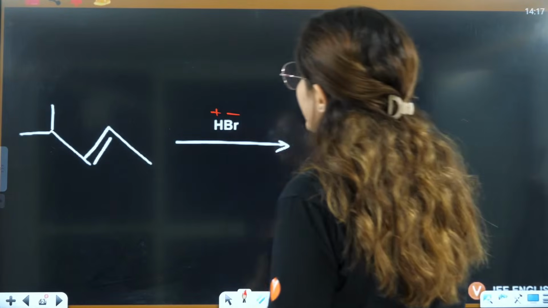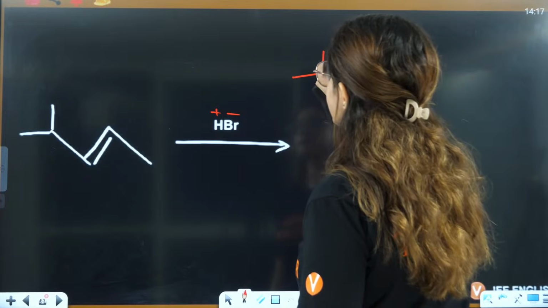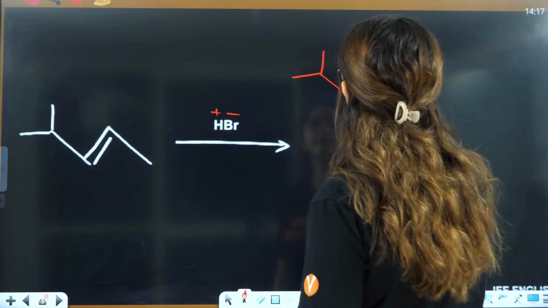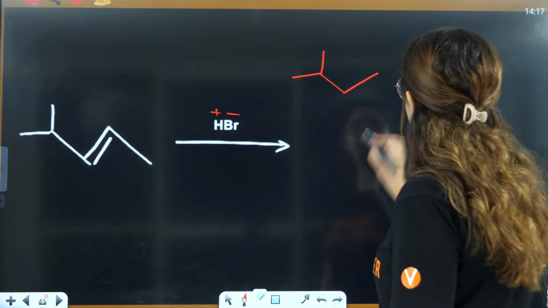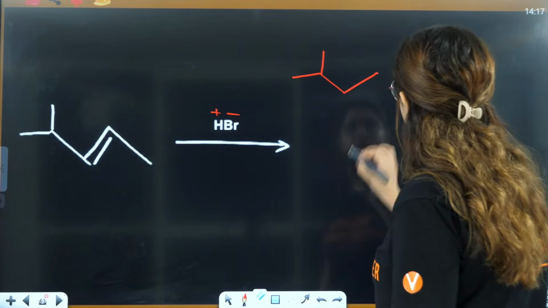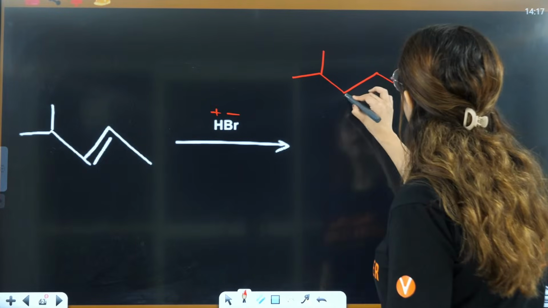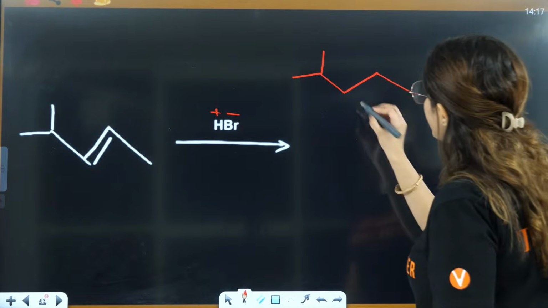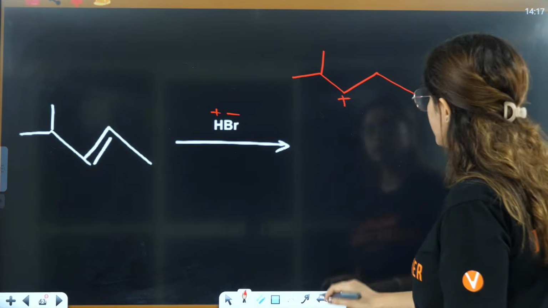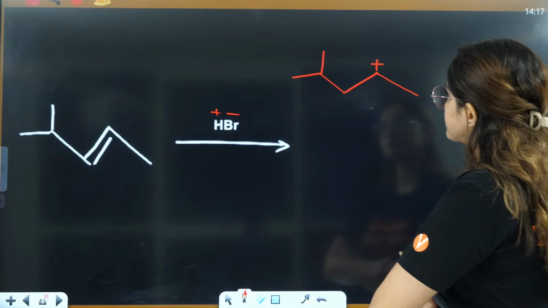You need to have a stable carbocation. So that means 2 things can happen. This is the pi bond here, and this pi bond will break. Either it will give a positive carbocation here or it will give a positive carbocation here.